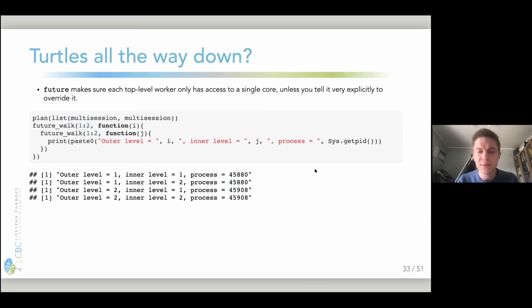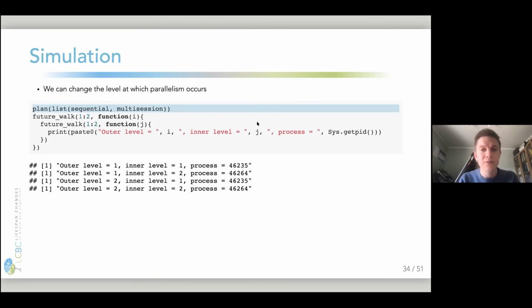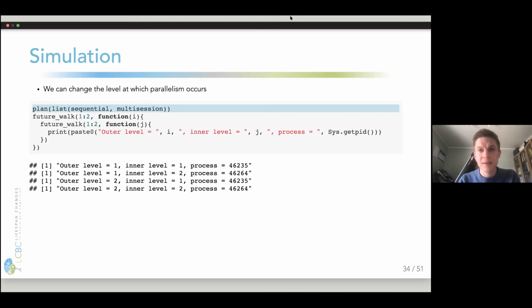But I think, as was mentioned, that if you use parallel inside here, and this has to be tested by someone, you might be able to override it. But with parallel itself, like if I had parallel apply inside parallel apply, it has no safeguards. But future has safeguards, at least to avoid that future itself runs into this problem. I don't know if that made sense.